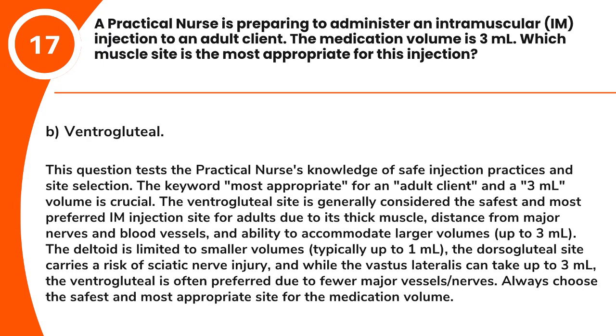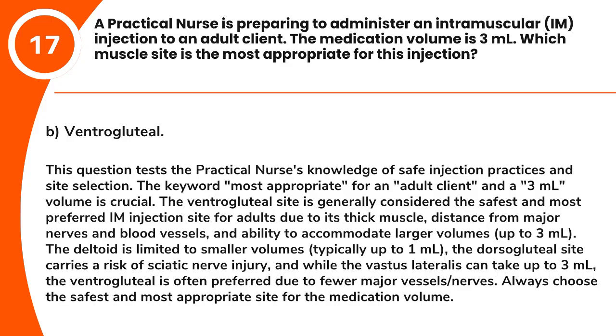Answer: B. Ventrogluteal. This question tests the practical nurse's knowledge of safe injection practices and site selection. The keyword "most appropriate" for an adult client and a 3 milliliters volume is crucial. The ventrogluteal site is generally considered the safest and most preferred IM injection site for adults due to its thick muscle, distance from major nerves and blood vessels, and ability to accommodate larger volumes, up to 3 milliliters.